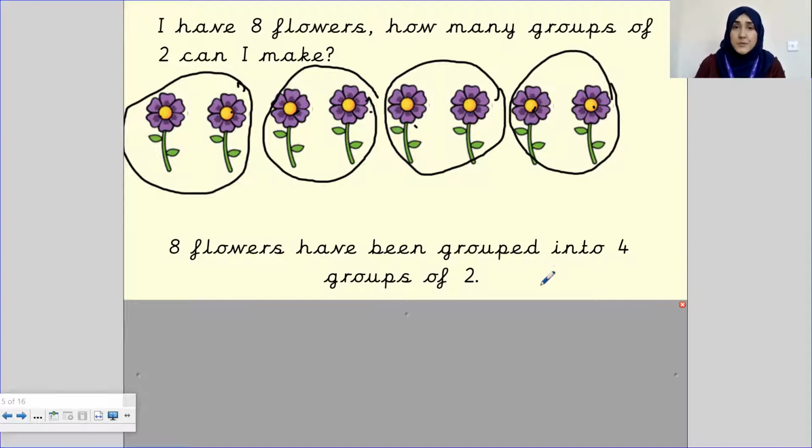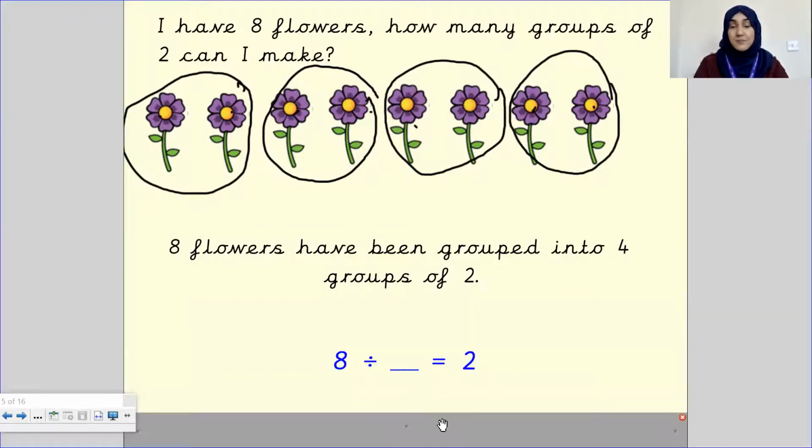Are there 4 groups? Can you please count for me, Mara's class? Have I made 4 groups? Thank you. And are there 2 flowers in each group? Can you just double check for me? I have. Fantastic. Now let's complete our division number sentence together. So 8 flowers shared equally or grouped. Let's try that again because it's not shared equally. 8 flowers divided by how many groups?